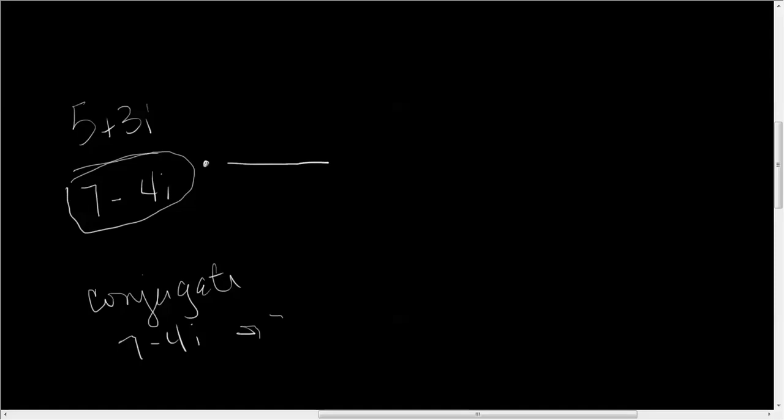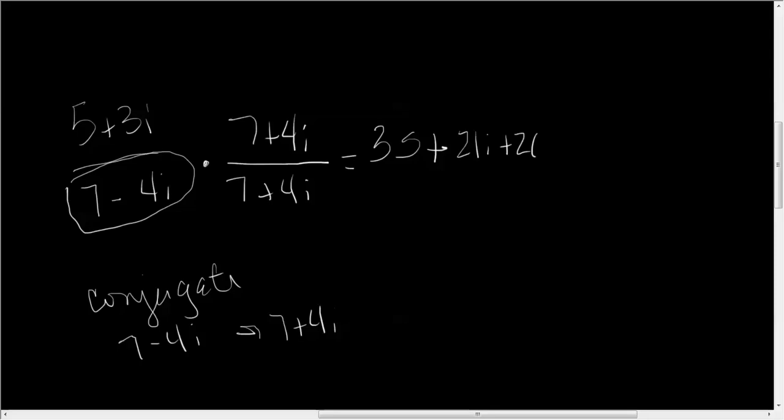So we're going to multiply that times the conjugate, and whatever we do to the bottom, we do to the top. And then we're just going to multiply across using the FOIL method that we just saw in multiplying these. And we get 35 plus 21i plus 20i plus 12i squared over 49 minus 16i squared.